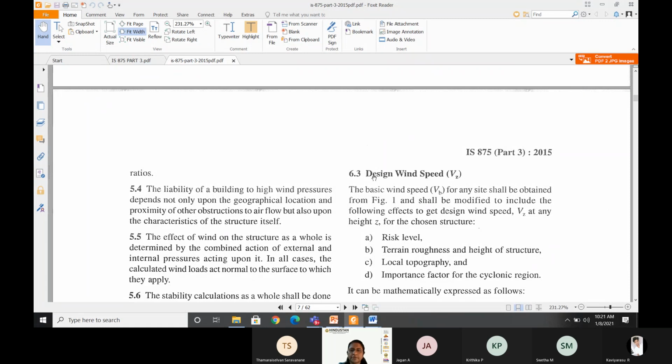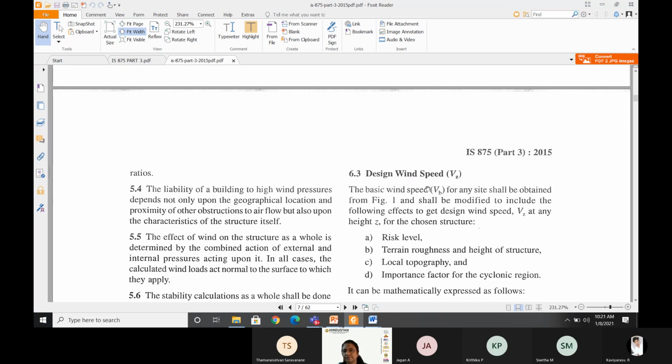In order to calculate the wind load, you can see a term here: design wind speed. The basic wind speed for any site shall be obtained from figure 1 and shall be modified to include the following effects to get the design wind speed Vz at any height Z for the chosen structure.